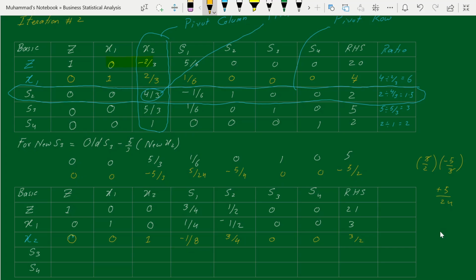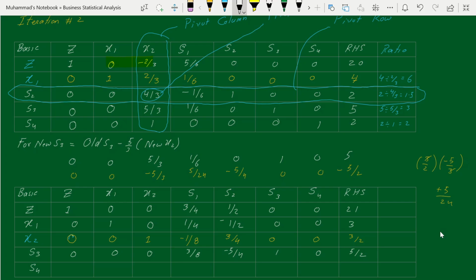So upon solving these equations, we get the new S3 row. So I can write in here 0, 0, 0, 3 by 8, minus 5 by 4, 1, 0, and 5 by 2.